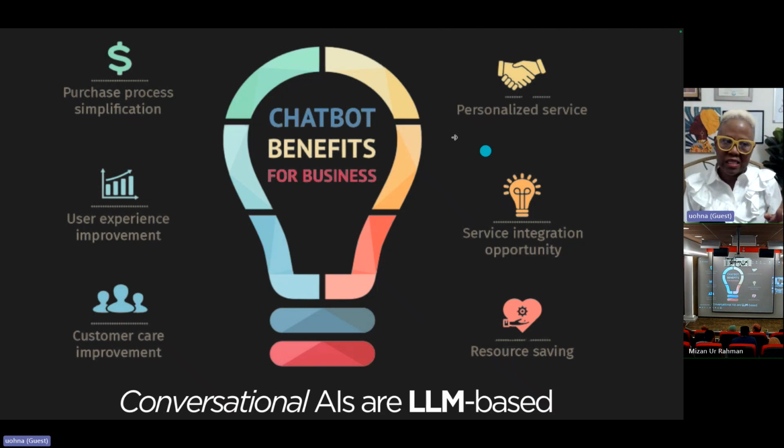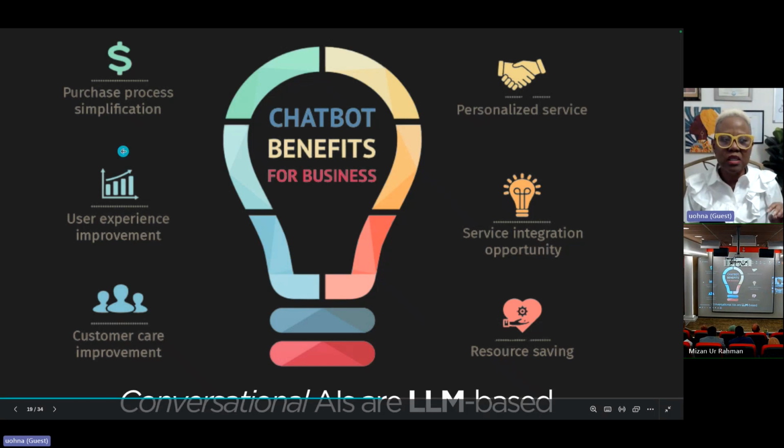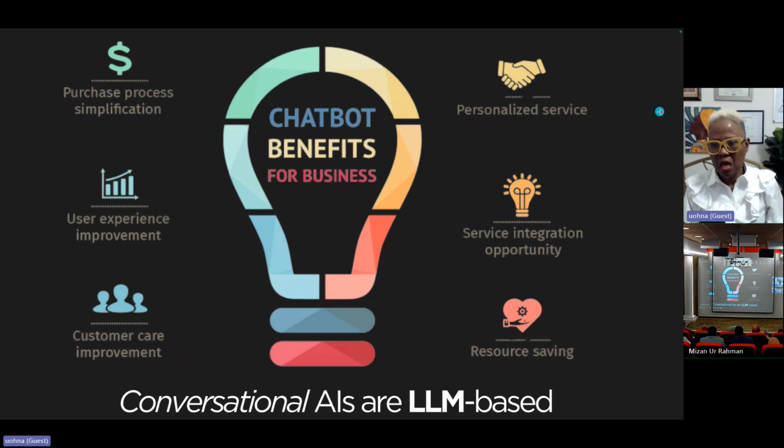And this is the next stage, right? Because the computer was the stage where we were actually typing. We would go to a website and type in, or we would go to Google and search. Now it's becoming, this is the fastest growing area of technology, chatbots or conversational AIs.